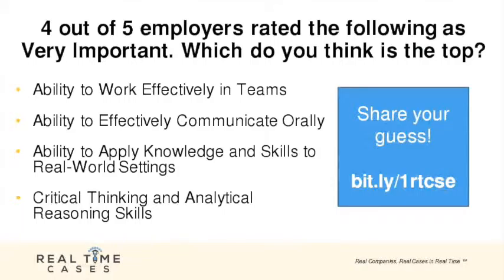In this survey, they found that 4 out of 5 employers rated the following as very important. I want to ask you to share which one you think is the top. So I'm going to do another survey. I'm going to place it inside the text chat, and if you click on that link, it will open in a brand new window for you. You can choose which one you feel they marked as the most important.